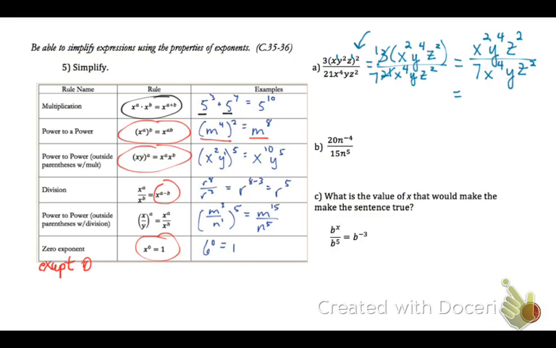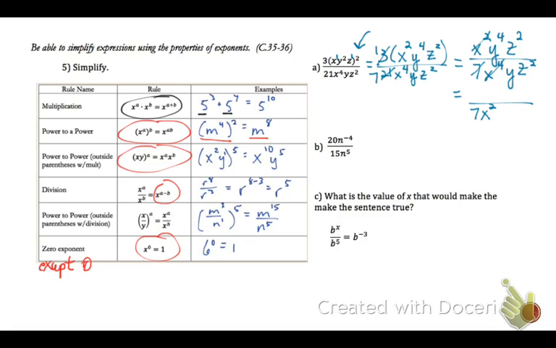So I'm going to take this one at a time. I'm going to start with my x variables. I take the bigger exponent minus the smaller. So 4 minus 2. And then wherever that bigger exponent started, that's where the term ends.